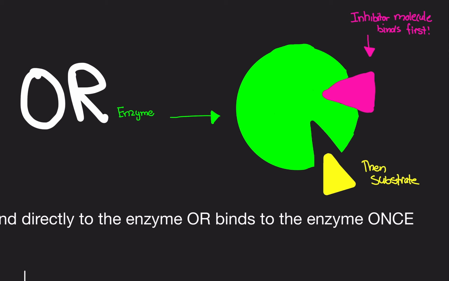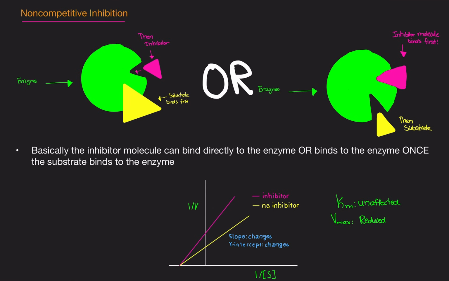It basically makes the enzyme a little bit less efficient. It slows everything down. That's what non-competitive inhibition is doing. It slows things down. It doesn't affect any affinity. Nothing to do with affinity, only the speed of how fast the enzyme works.